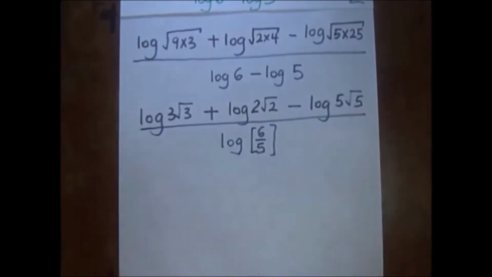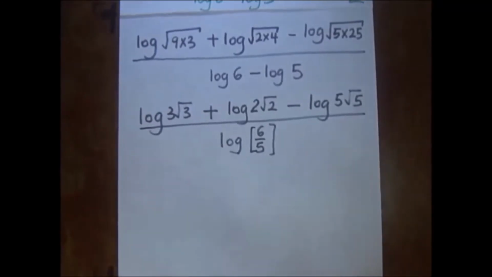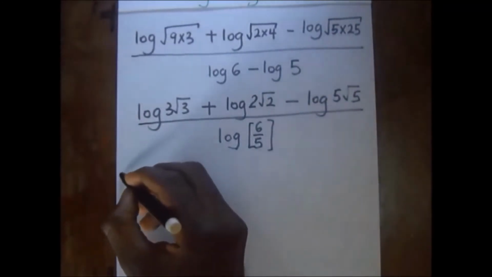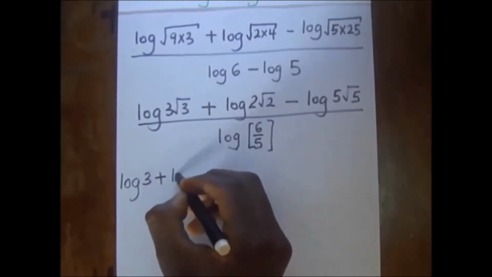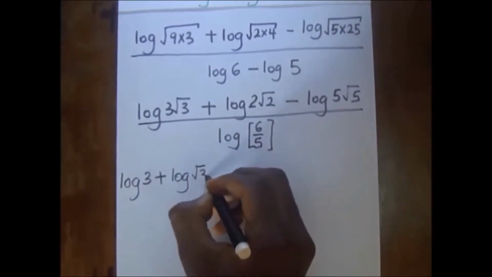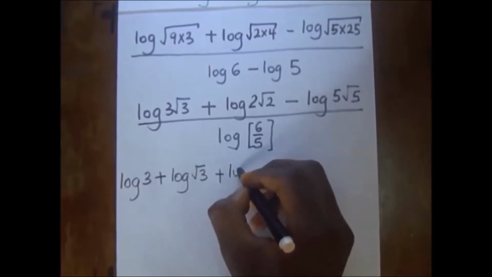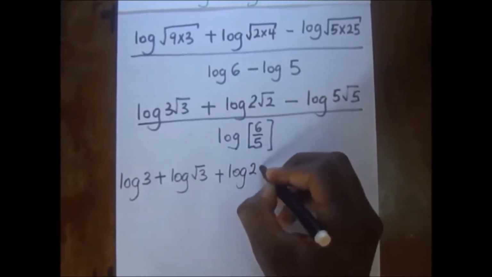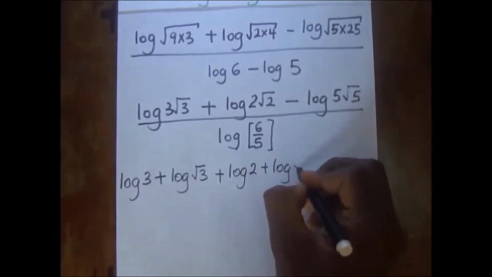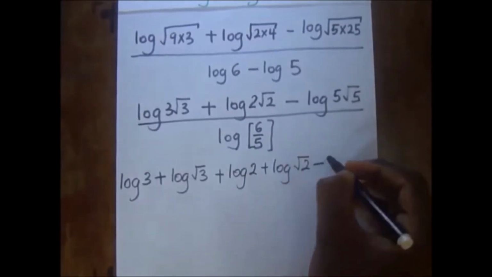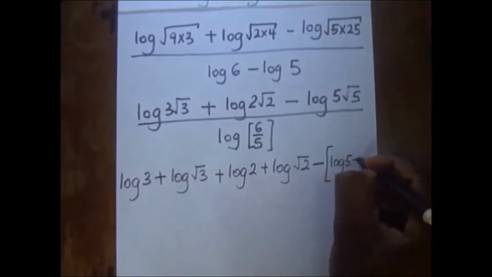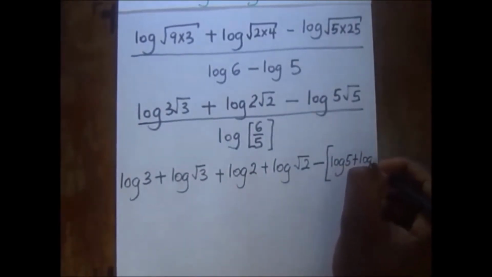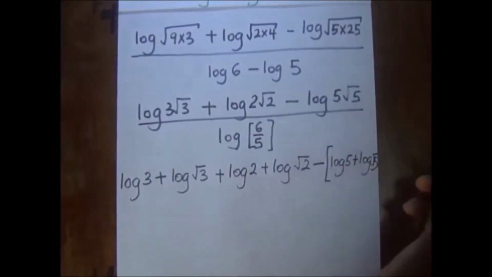We explored that laws of logarithms in the beginning. So it's going to become log of 3 plus log of root 3, plus log of 2 plus log of root 2, minus log of 5 plus log of root 5.